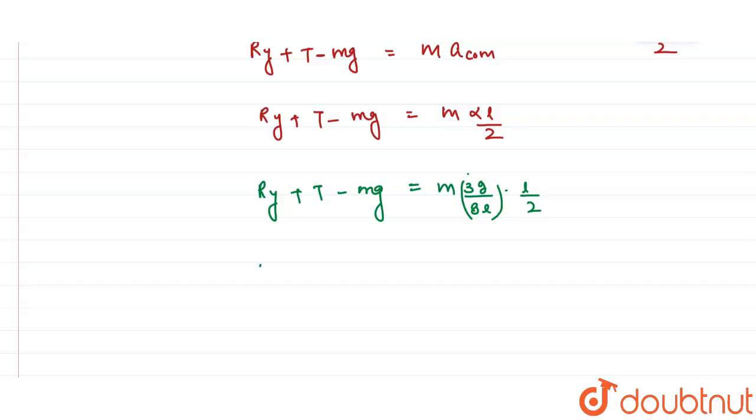Simplifying this equation, we already calculated the value of tension also, so I am going to put the value of tension, that is Ry plus 5mg/8 minus mg, and this is equals to 3mg/16, because L cancels out.